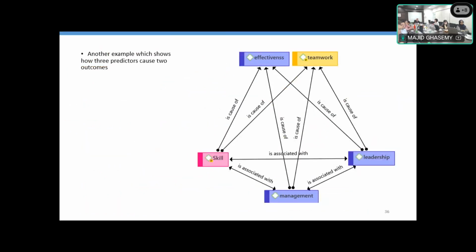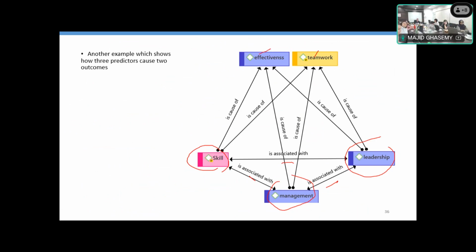And the last one is another example here. Again, we have a named network. There are 3 codes here, and they are associated with one another. And all of these 3 are, in fact, influencing or causing this one and this one, right? If you have done some basic analysis, you already know that it's similar to structural equation modeling in quantitative research.